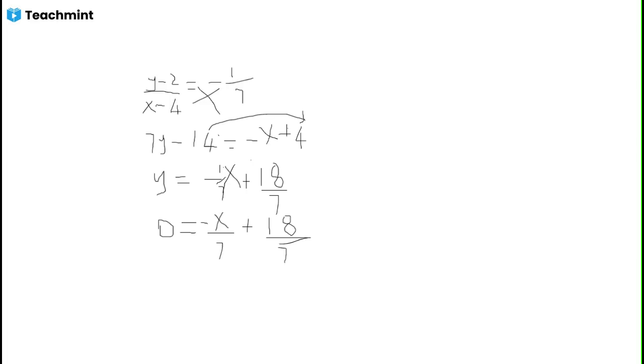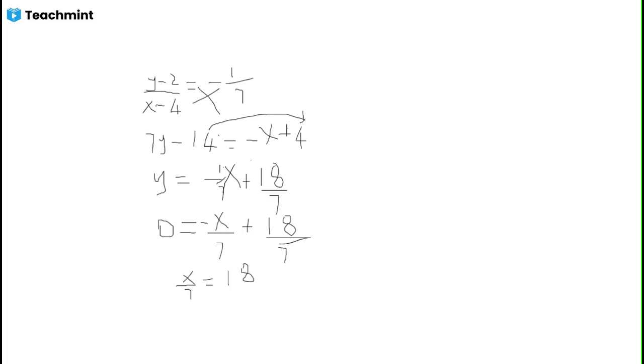Now find the value of x from this. x is 18. That is the answer. And now we need a point, so it will be (18, 0). 18, comma 0. The coordinates.